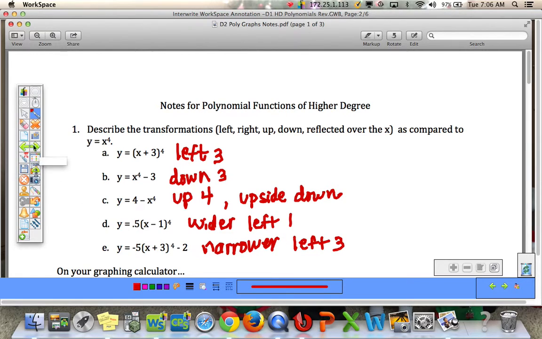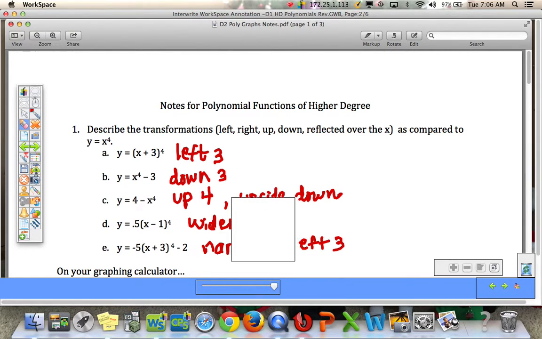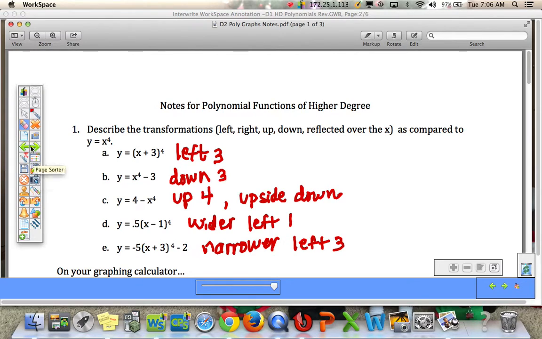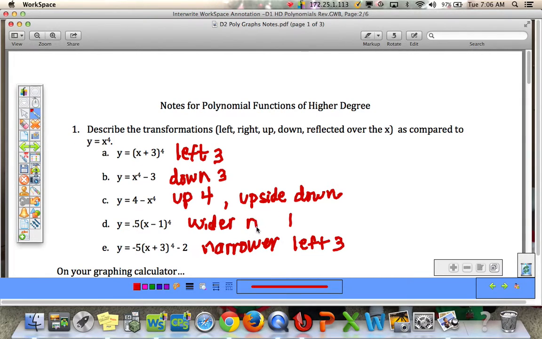So I should change this. This is not left 1. This would be right 1. Whoops, let's redo that. So here the x minus 1 in parentheses, right 1, not left 1. And the plus 3 would be left 3. The minus 2 on the outside would be down 2.